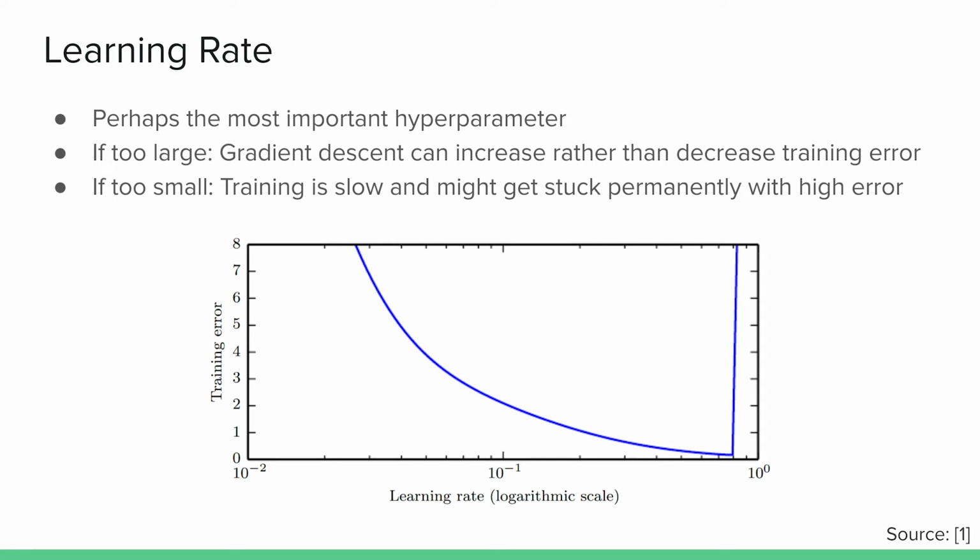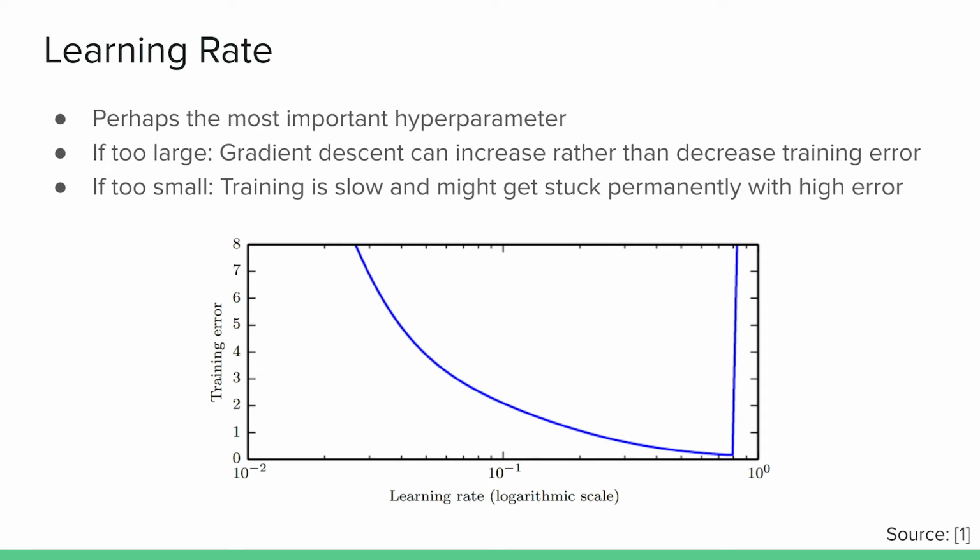So the problem is that we take steps that are so large that we're stepping over the valley and onto the next hill. And then, we have to go the other direction again. And this could actually be very problematic in such a way that our network does not learn anything at all. So a learning rate that is too large is a big issue.